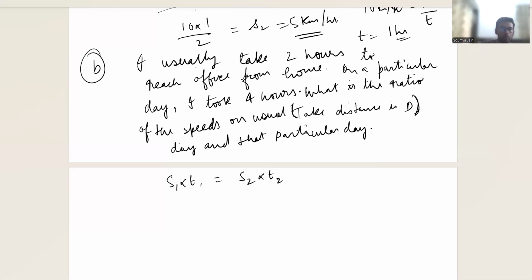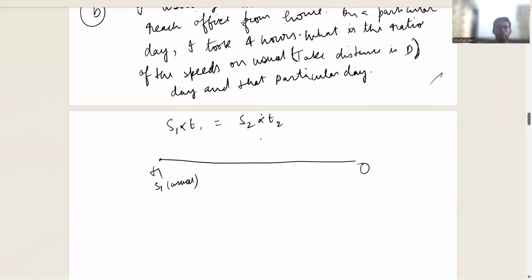Okay. So again we can apply the concept. Let's say this is my home and this is office. Let my usual speed be S1. And on that particular day, let the speed be S2.